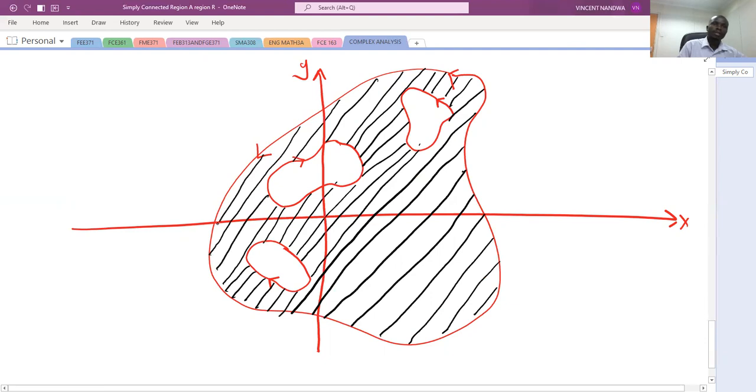And when you shrink it, it will be within these holes here. So this is also an example of a region R that is multi-connected.